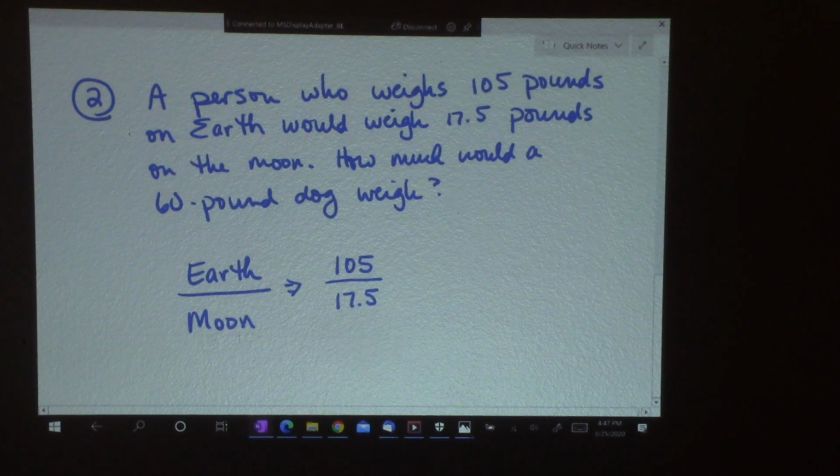If a 105-pound person, a typical 7th grader, would weigh 17.5 on the moon, how much would a 60-pound dog weigh on the moon? This is the dog over here on Earth, and we want to find out what the dog weighs on the moon.